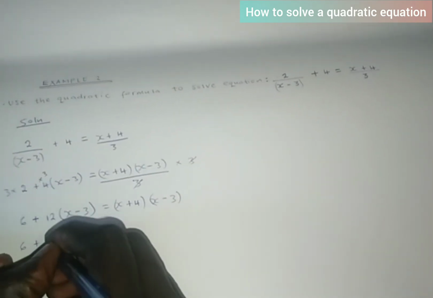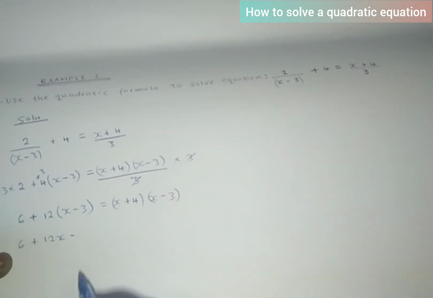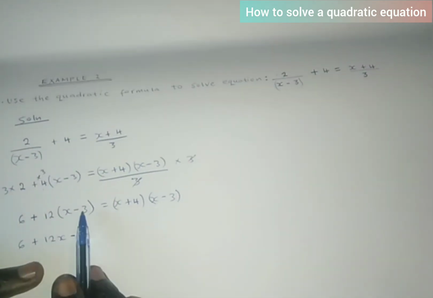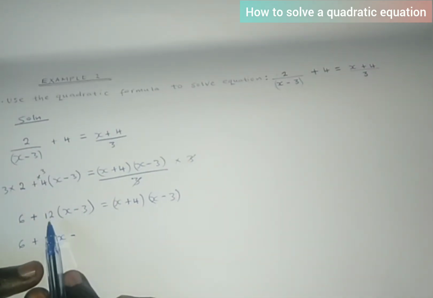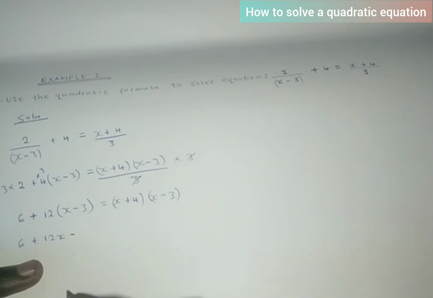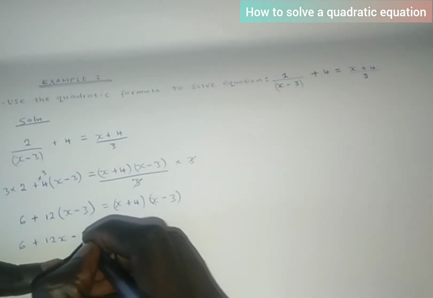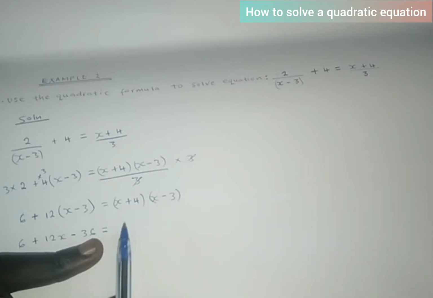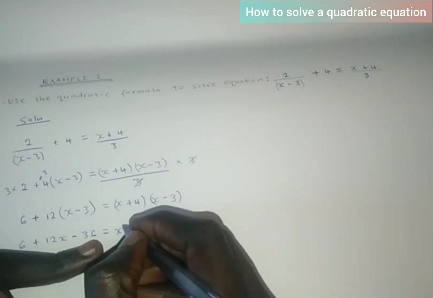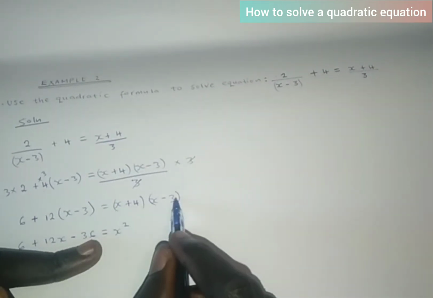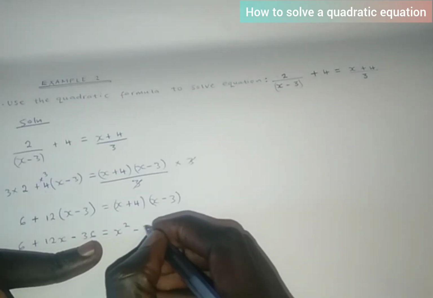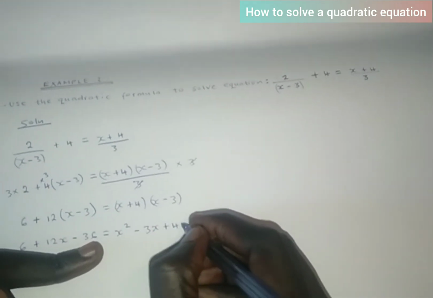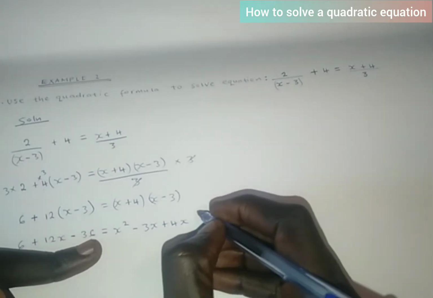6 plus 12x minus 3 times 12, that will be 36, is equals to, let's open the bracket on this side, x times x is x squared, x times negative 3 will be minus 3x, plus 4x, minus 12.